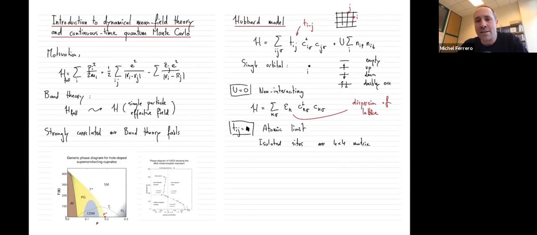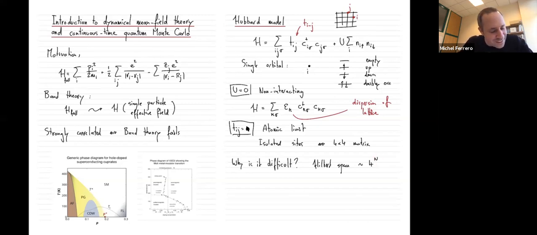To give you an idea of why it's difficult, one can say, let me try to solve this exactly using, say, exact diagonalization. How far can I go? Well, a single site already has 4 states, and the Hilbert space for the full system will grow as 4 to the power N. So why is it difficult to solve? The Hilbert space grows like 4 to the power the number of sites in your lattice.